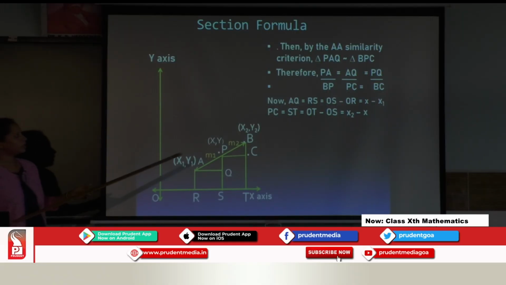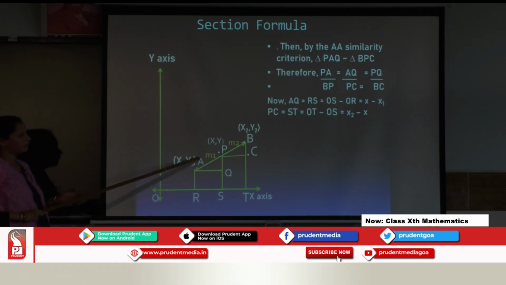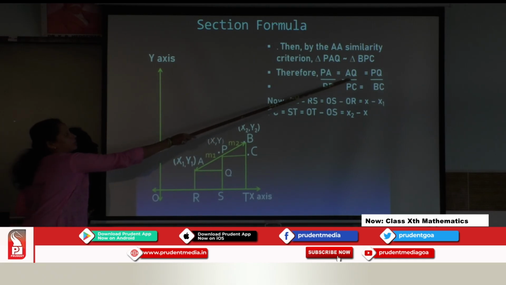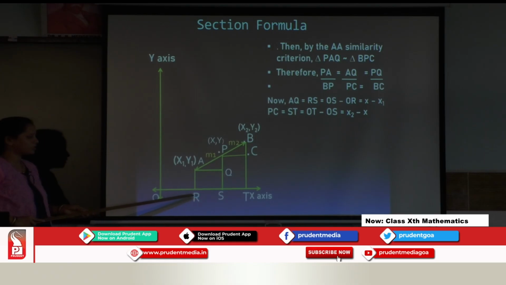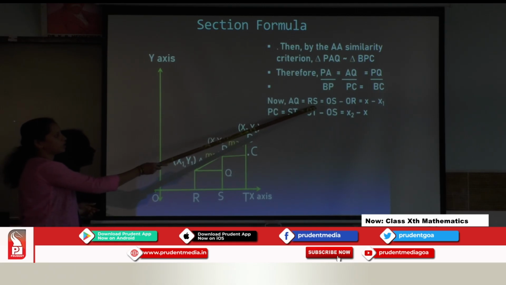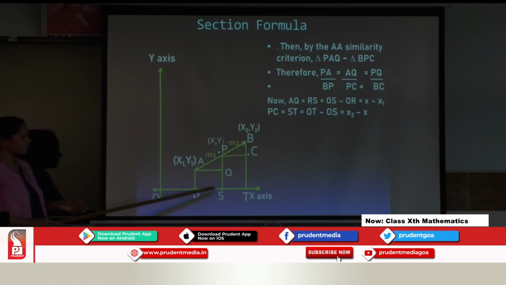So here first we know PA is equal to M1 and BP is equal to M2. So now we have to know what is AQ. So AQ is equal to what? AQ is equal to RS, which is equal to OS minus OR, and OS is equal to X and OR is equal to X1.